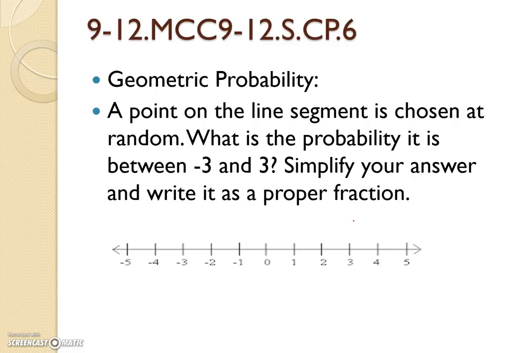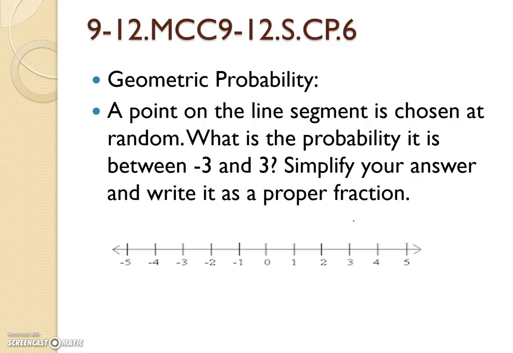Geometric probability in Standard 6. A point on the line segment is chosen at random. What is the probability it is between -3 and 3? Simplify your answer and write it as a proper fraction.